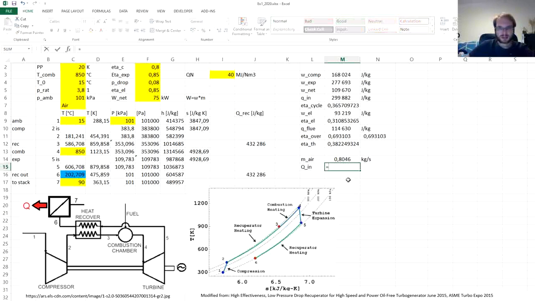The heat input is the work output divided by efficiency. If it's electrical work output, then divided by electrical efficiency, which we have over here. So 240 kilowatts needs to be the heat input in the fuel.